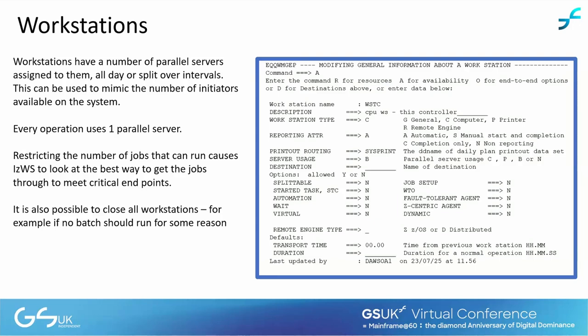So perhaps on a production system that is online heavy, you may only allow 5 parallel servers for batch jobs during the day, and whoosh that up to a much larger number when the online day window, where you have to have a lot of availability, drops down so that you can have more batch jobs running.